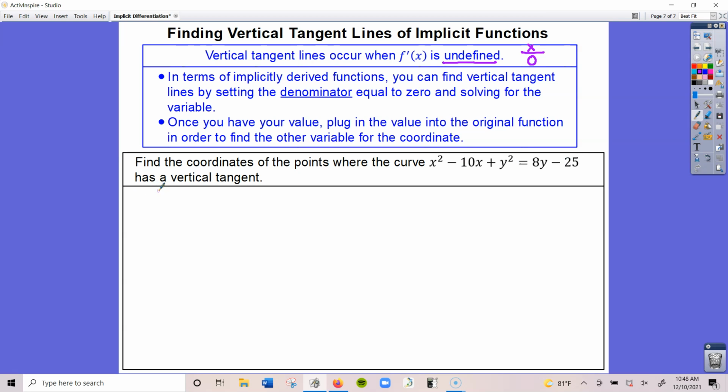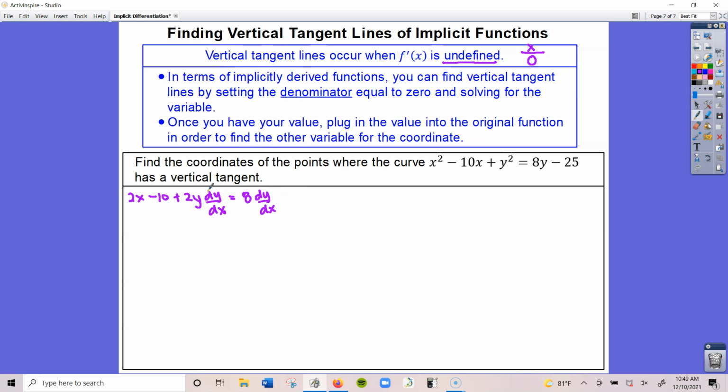So we got x squared minus 10x plus y squared is equal to 8y minus 25. So let's take that derivative. This would be 2x minus 10 plus 2y dy/dx is equal to 8 dy/dx, and the derivative of negative 25 is 0.